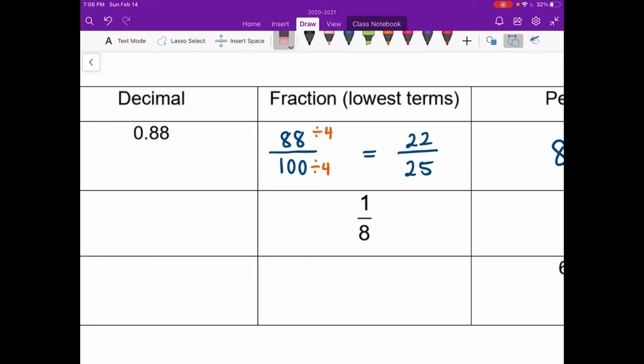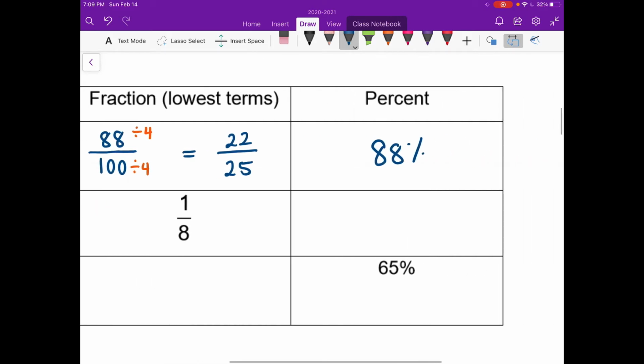You can do 1 divided by 8, because saying 1 over 8 is the same thing as saying 1 divided by 8. 1 divided by 8 is going to give you 0.125, and that'll be your decimal. If you want to find out how much that is as a percentage, you can just take 0.125, multiply that by 100, and that'll give you 12.5%.